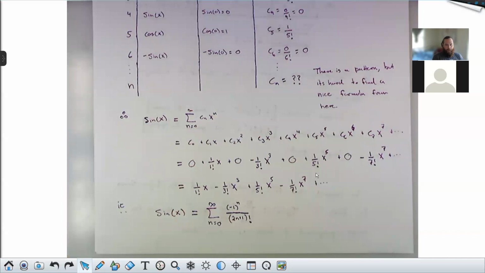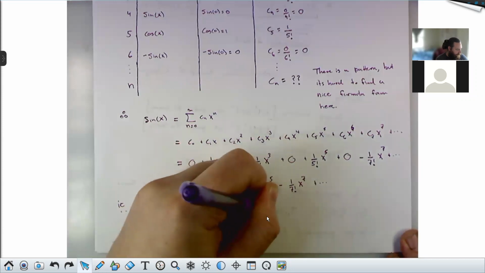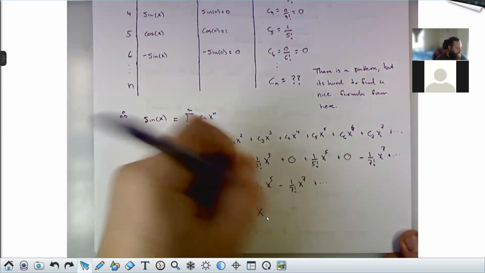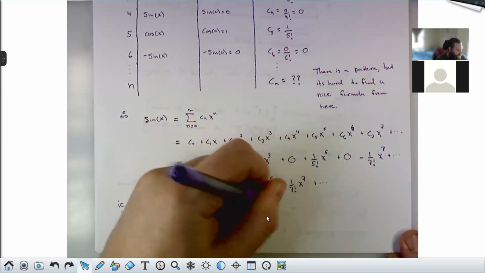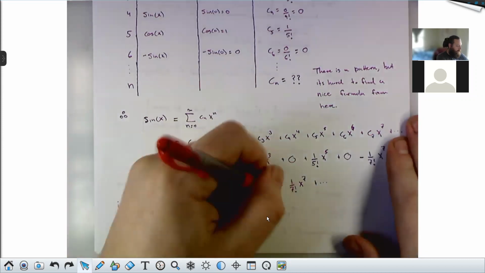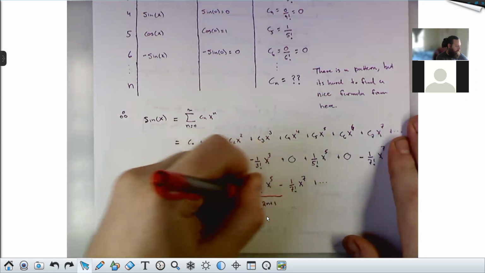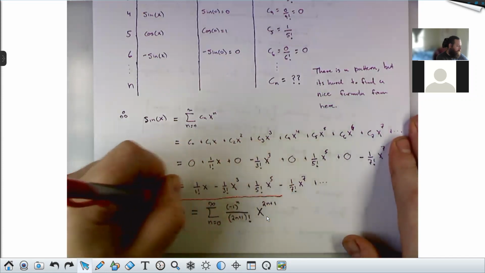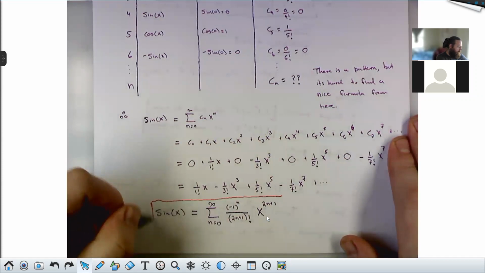And then finally, the power of x: 7, 5, 3. The power of x that goes here is the same as the number that is being factorialed downstairs. So that's x to the 2n plus 1. Here is the Maclaurin series for the sine function.